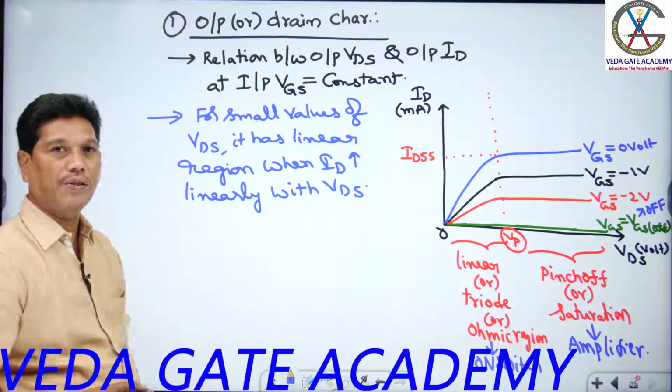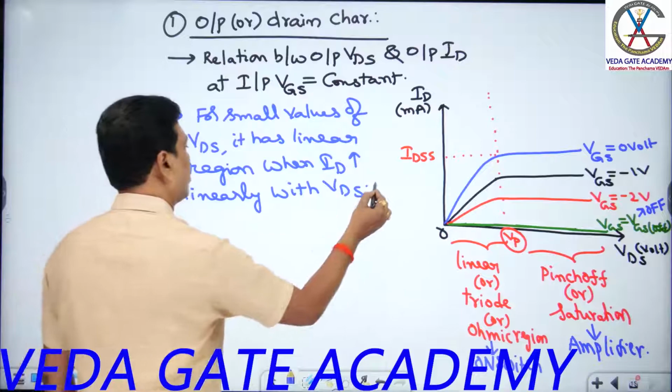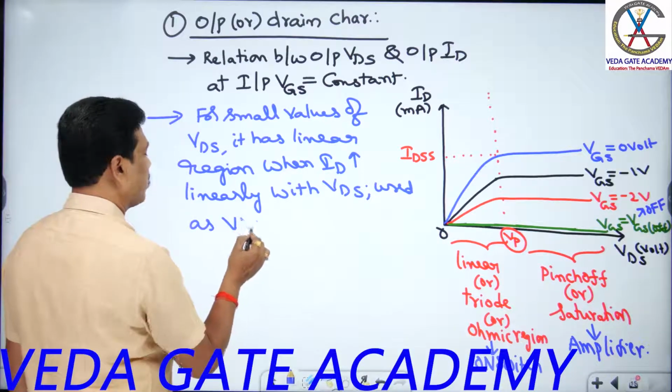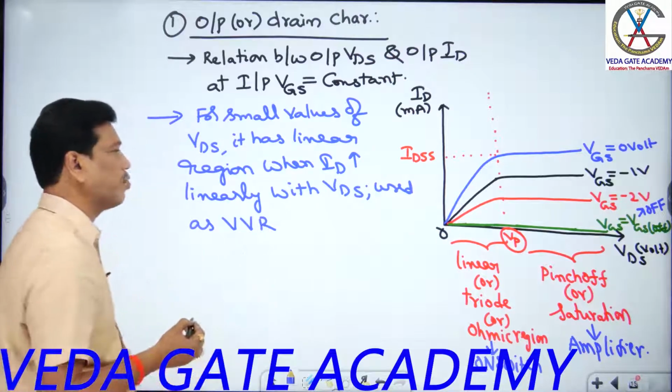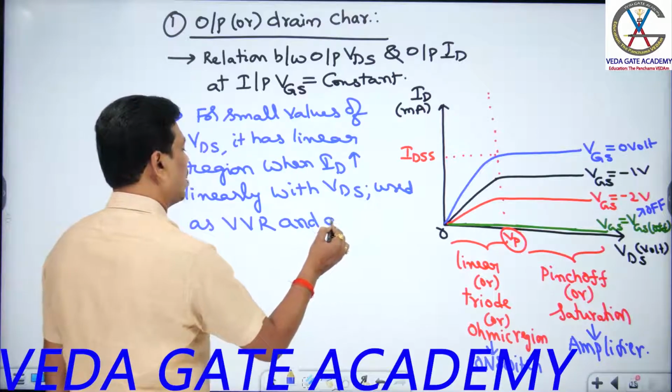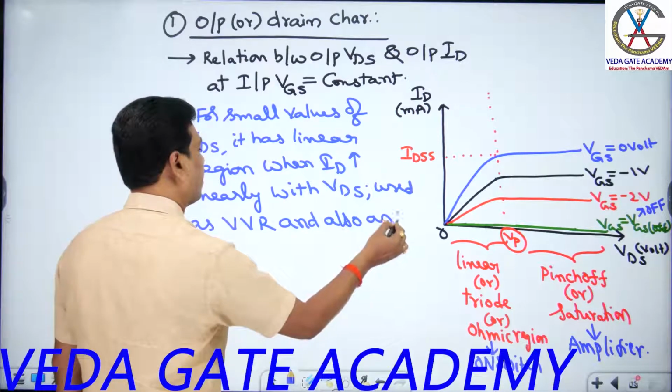It is used as a voltage variable resistor. VVR means voltage variable resistor, sir, and also as an on switch.